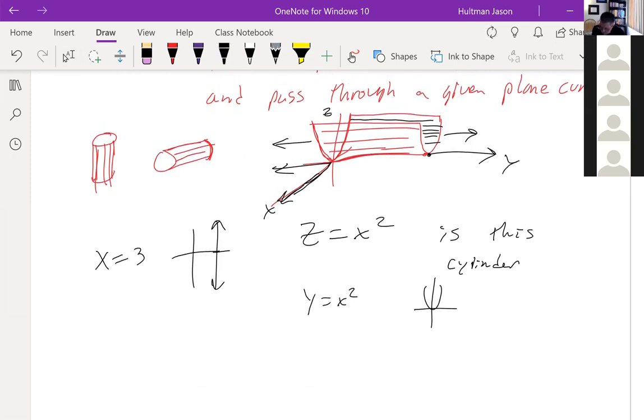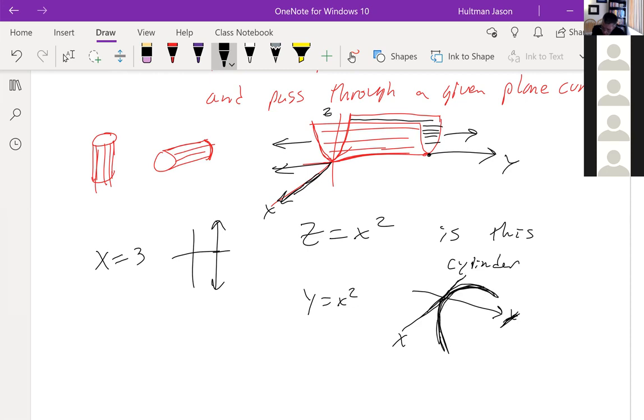Let's do it like this. Let's create the xy plane here. What would this look like in the xy plane? Y and x. Wouldn't it look like this? Probably a little bit better than that.